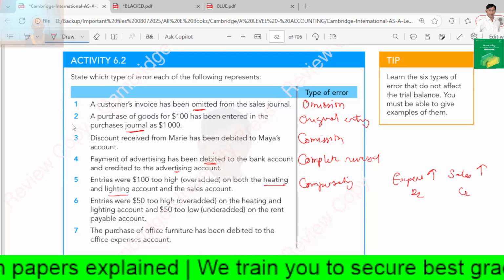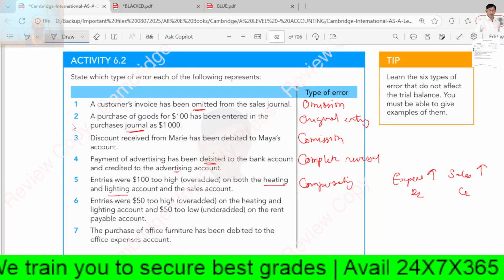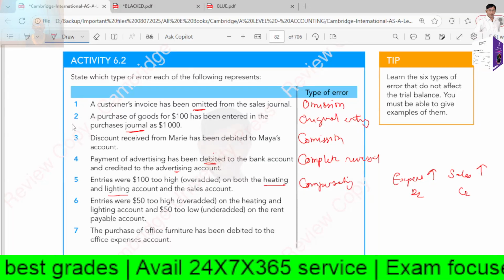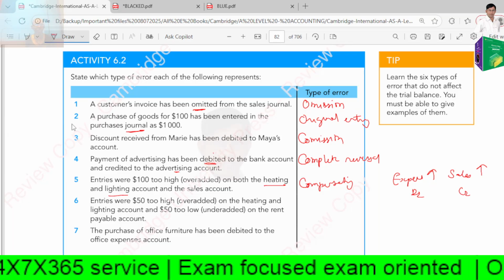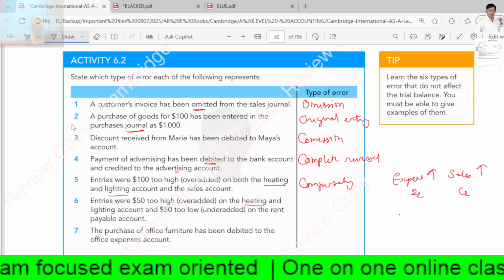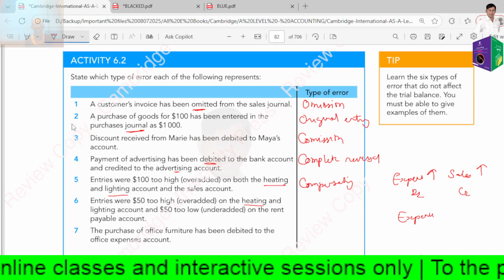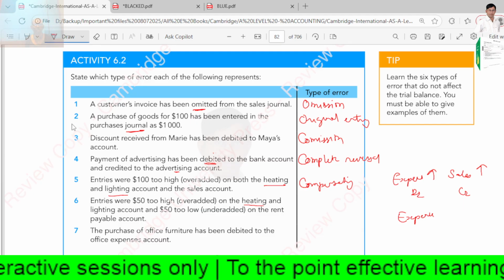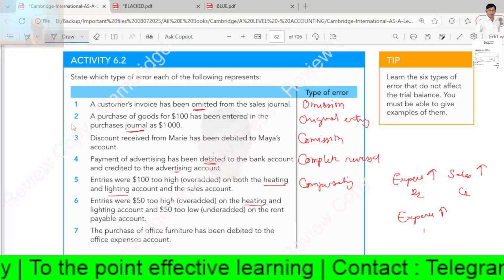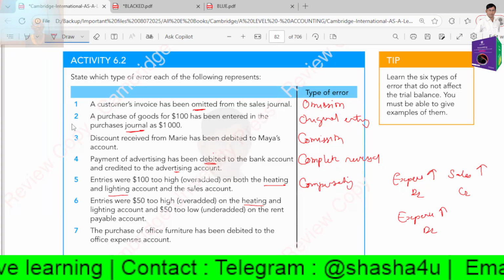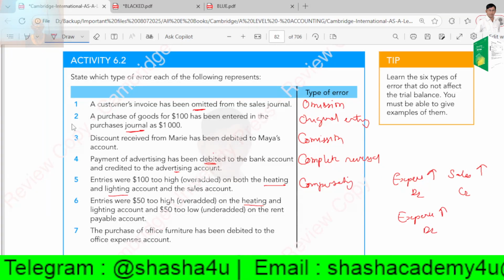Compensating error. So next, entries 250 were too high, overadded on the heating and lighting. So expense. Overadded to the heating and lighting, so expense has increased, debit. And 50 too low, underadded.